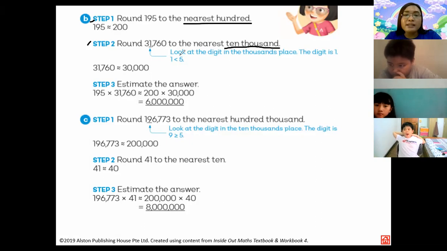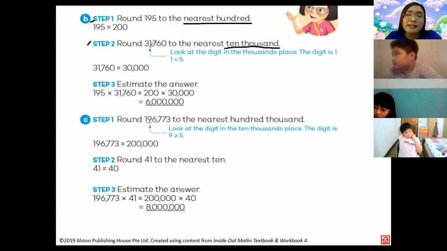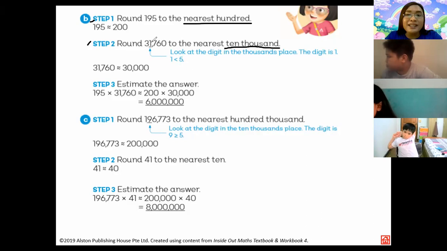The rule is, if we are going to round to the nearest 10,000, we have to look at the digit in the thousands place. The digit in the thousands place is 1, and 1 is less than 5.